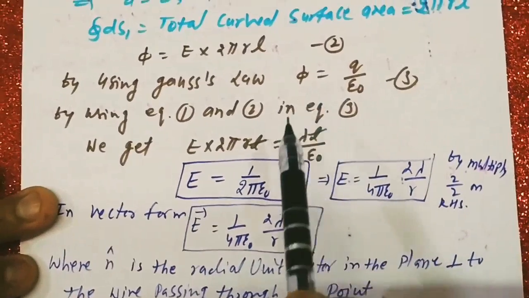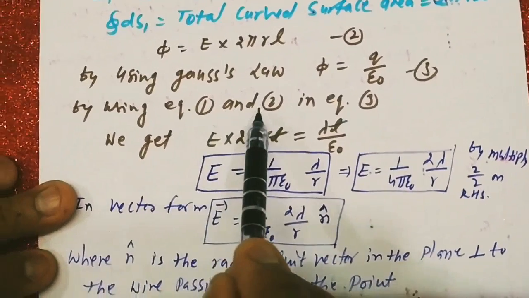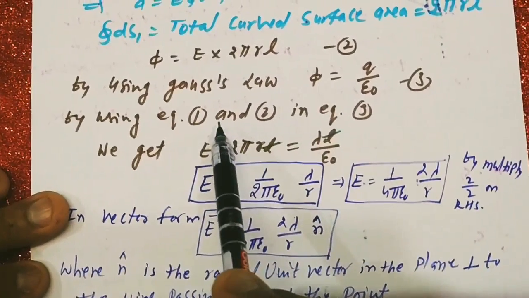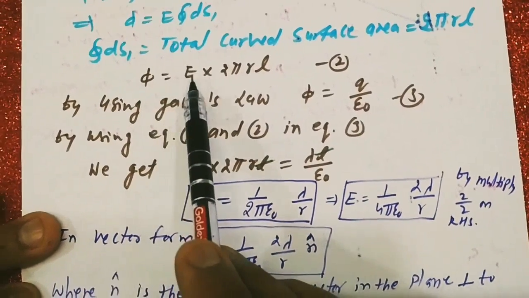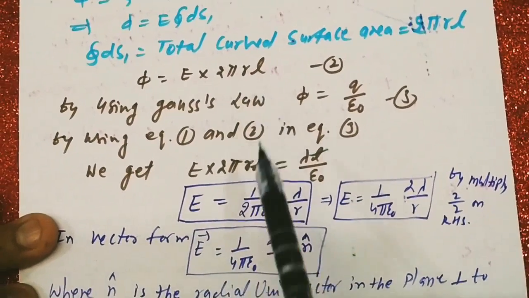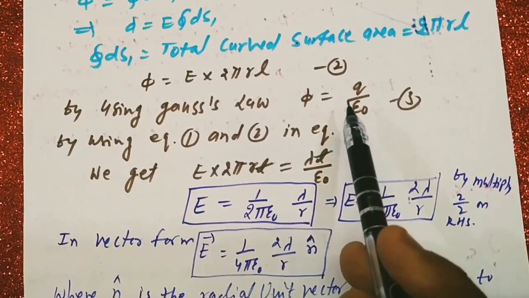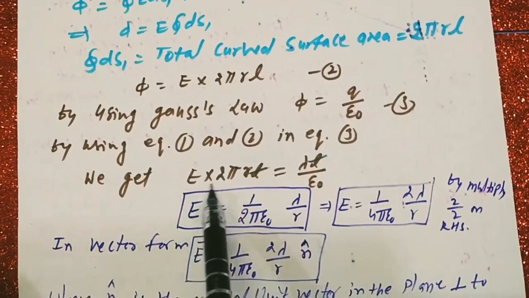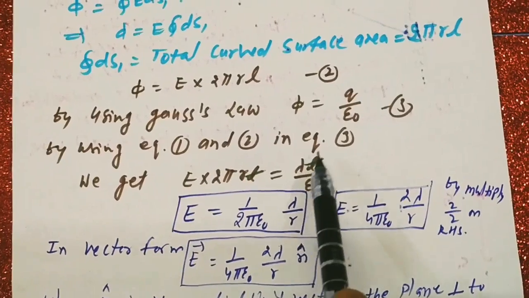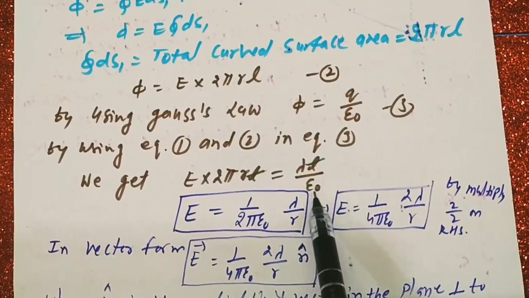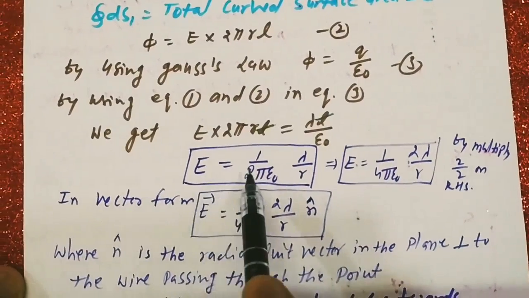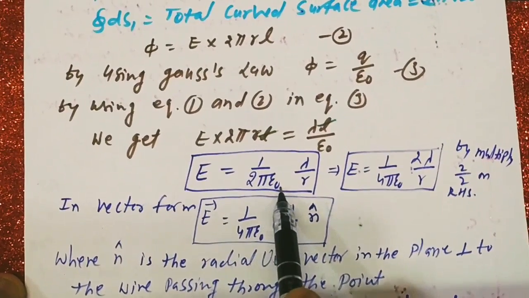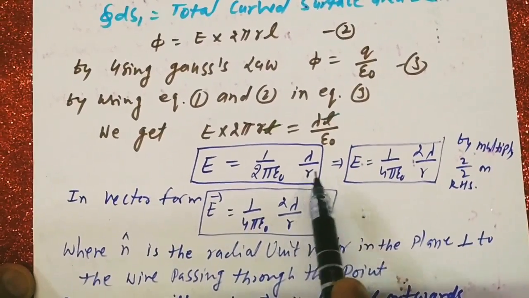So using equations 1 and 2: equation 1 is q equals lambda L, and equation 2 is phi equals E into 2 pi r L. Substituting, E into 2 pi r L equals lambda L upon epsilon naught. L cancels, we get E equals 1 upon 2 pi epsilon naught times lambda upon r.